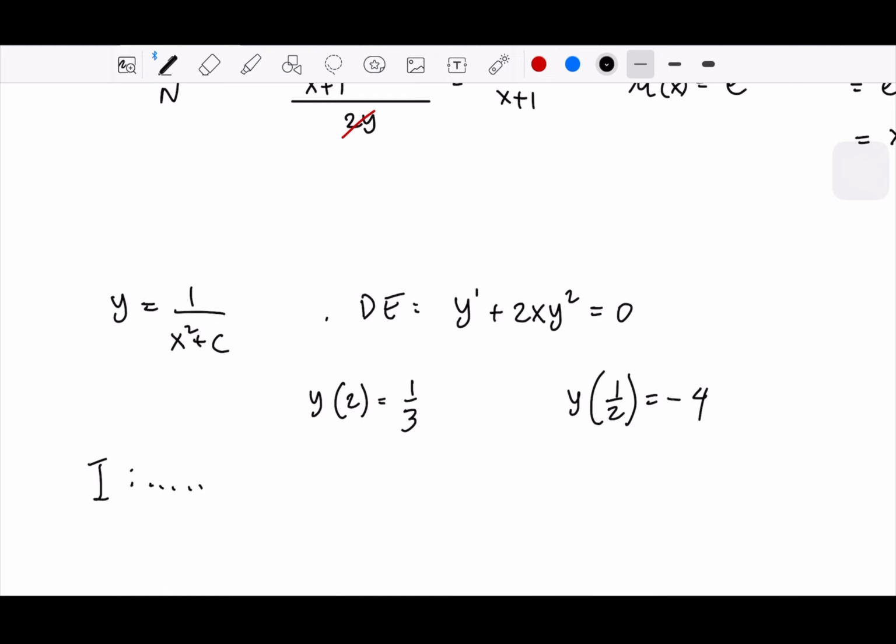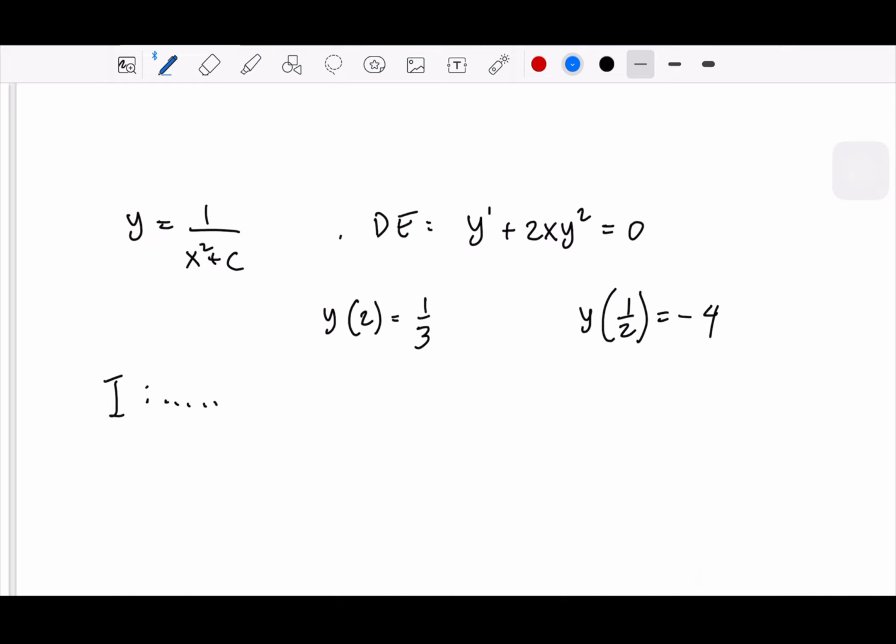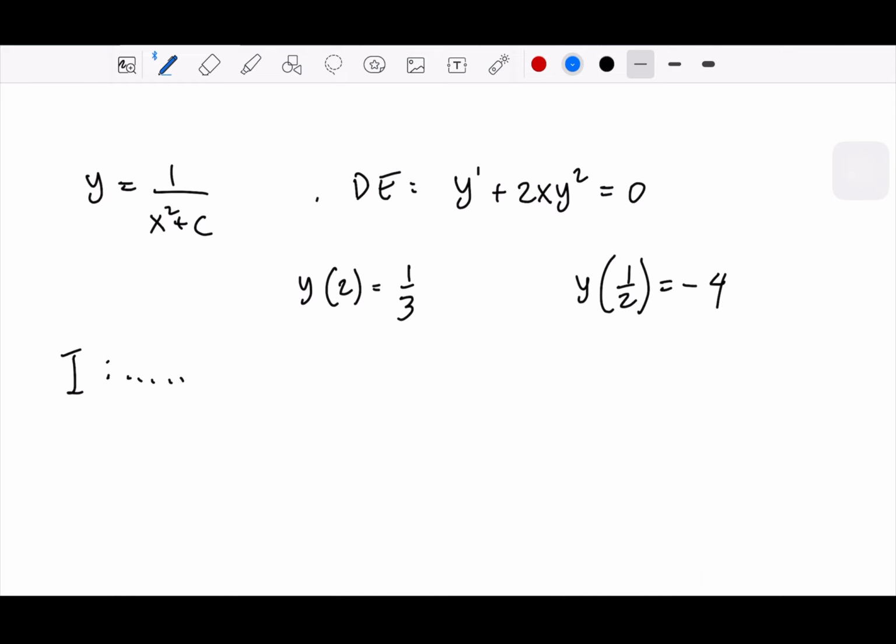You can solve it in many ways, and because it's homework, you can also draw the graph with GeoGebra if you want to check how the graph looks. The first thing is to check the initial value. So when we have x squared plus c with the initial value, we can write this down for the first one.